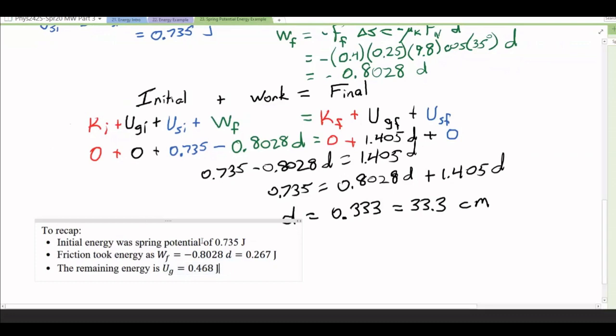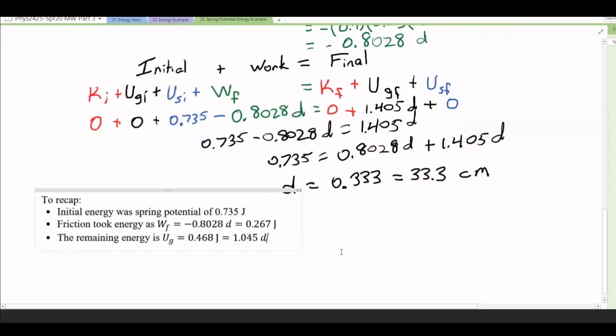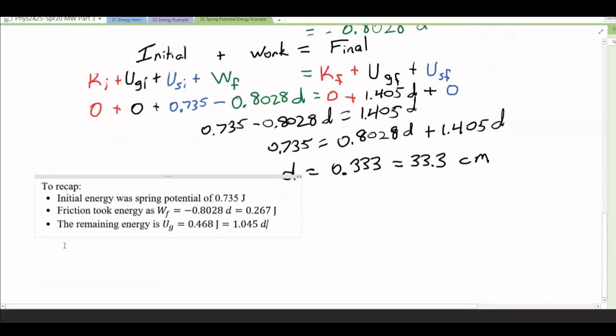And if we add these things up, 7 and 8 is 15, 1 and 6 is 7, and 6 is 13, so there's the 3, and then 1 and 2 is 3, and 4 is 7. So yes, they do add up. And that gravitational energy was proportional to the distance traveled up the plane.